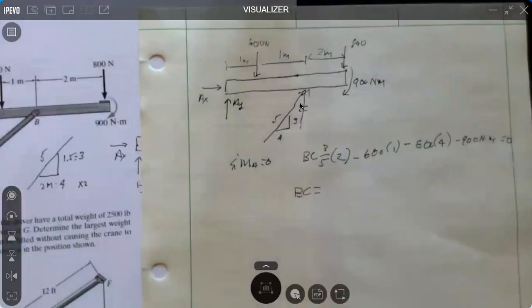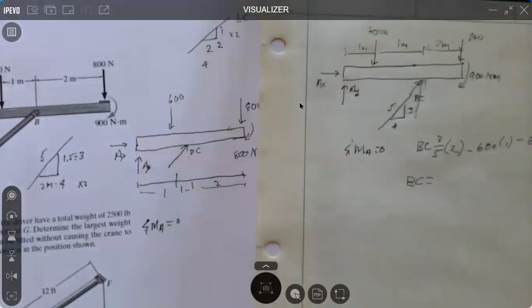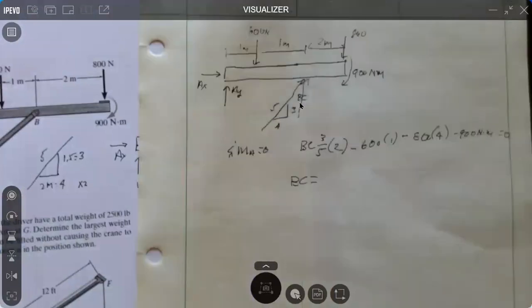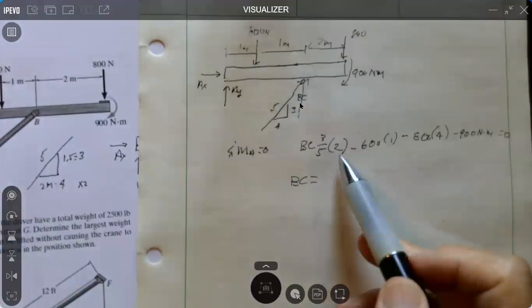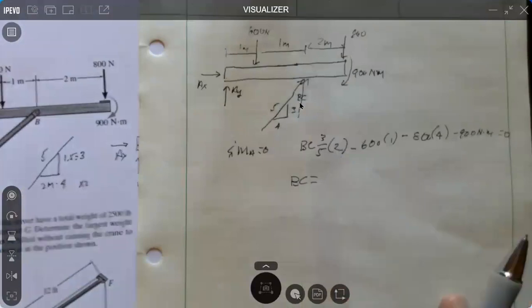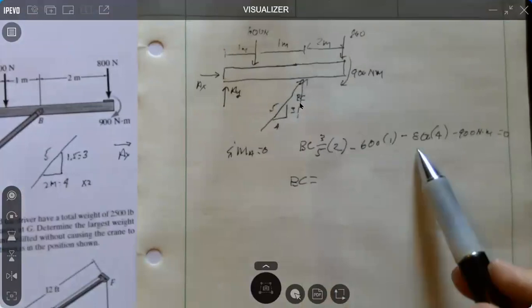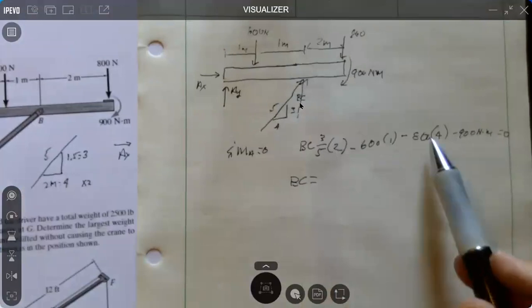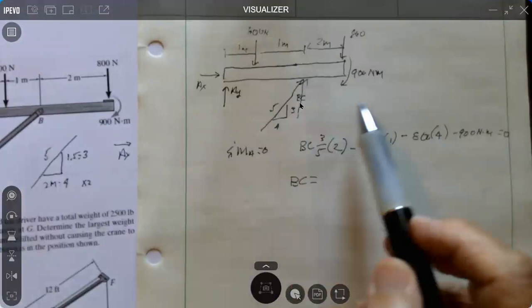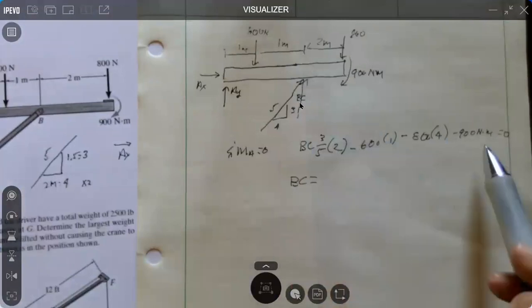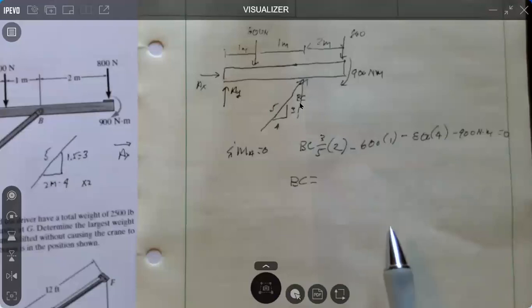Okay, I showed you how to get that slope out there. So it's 3/5 BC times its moment arm, which is 2, minus 600 times 1, minus 800 times the 4 out here, and then you have the applied 900 Newton meters, which is minus also.